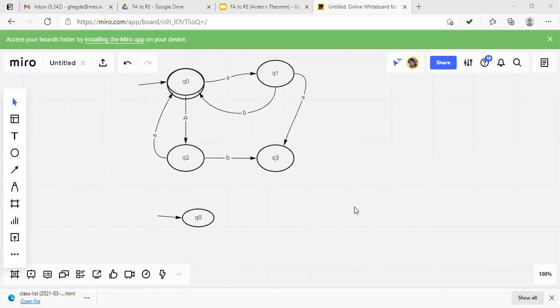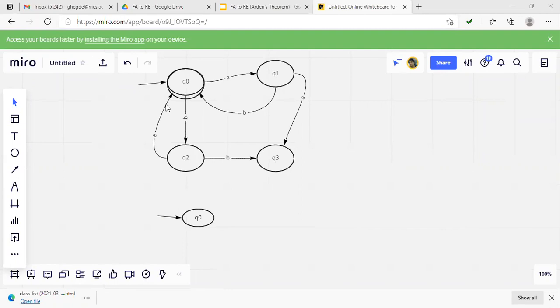Just check what you have written. AB or BA. Yes, very good. I did not understand the last one. AB whole star or BA whole star. Okay, fine.